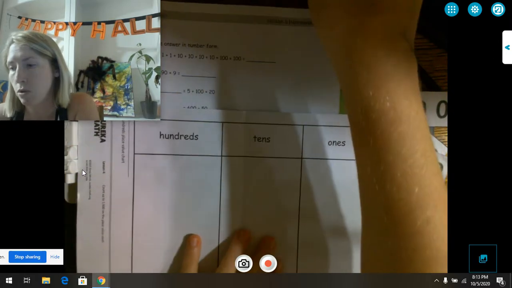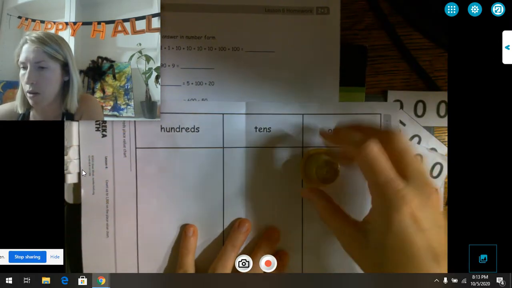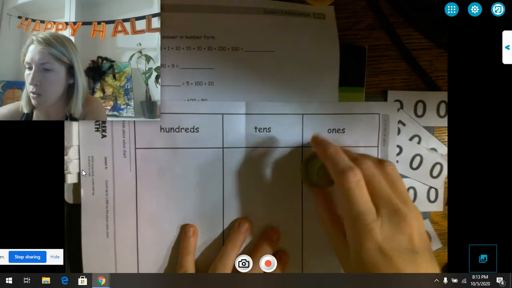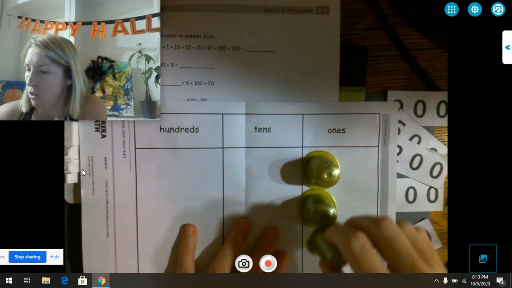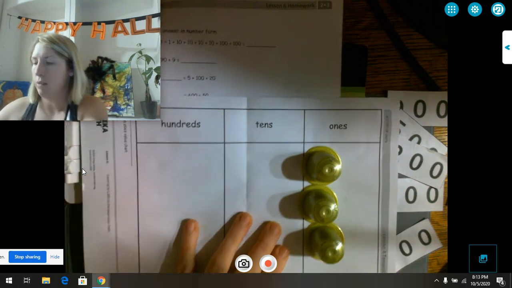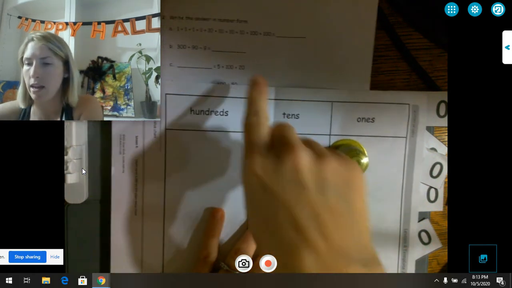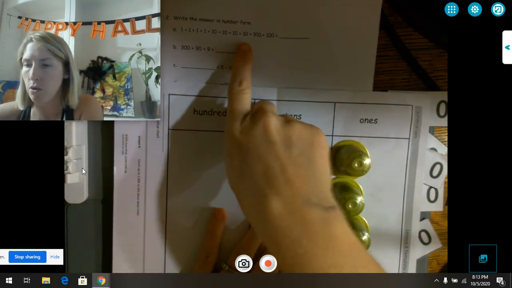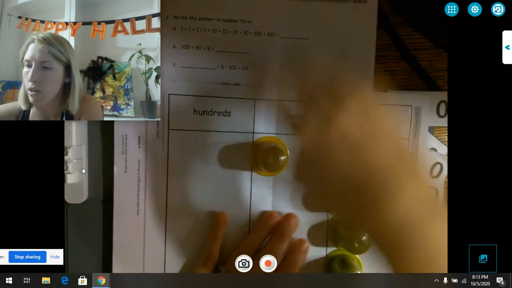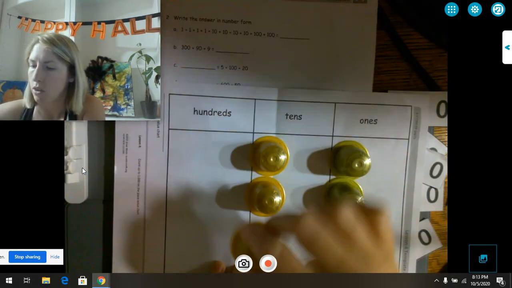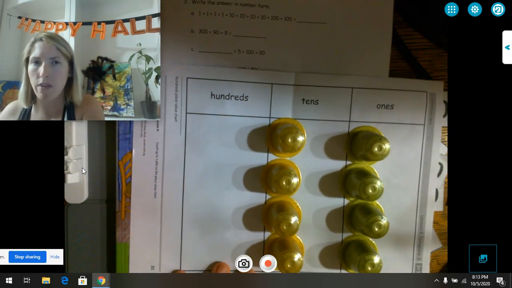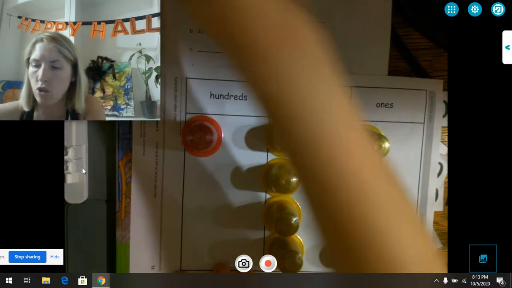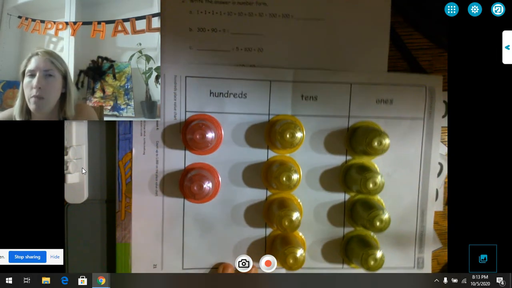I would use my hundreds chart if I were you, and I would lay out 4 ones, and then it has 1, 2, 3, 4 in the tens. And then it has how many in the hundreds? 2 100s. So I would lay out 2 100s, and then I would see what number I had here.